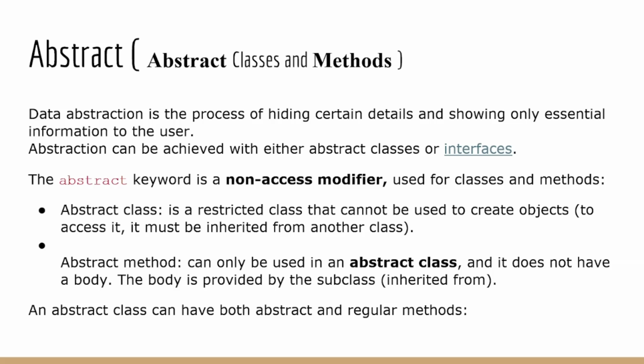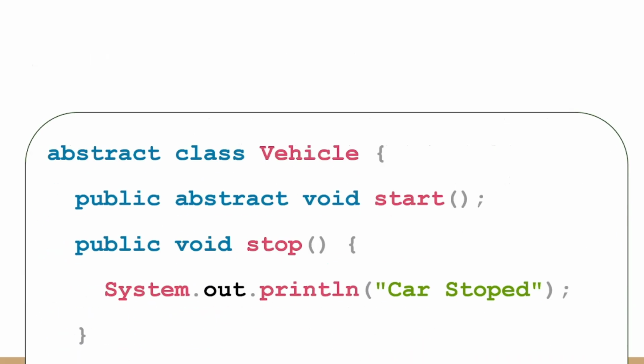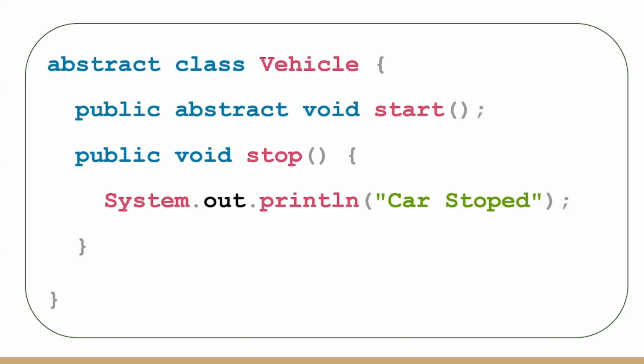An abstract class can have both abstract and regular methods. Let's understand with an example. I have an abstract class called vehicle, and you can see there are two methods, start and stop.